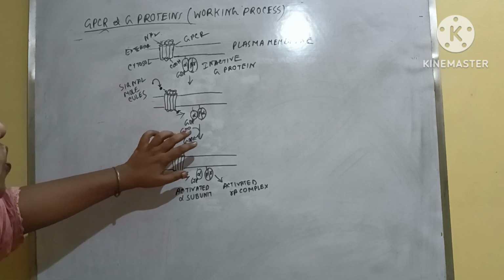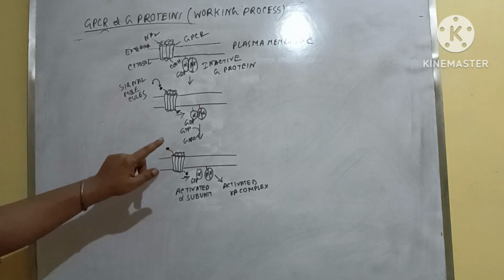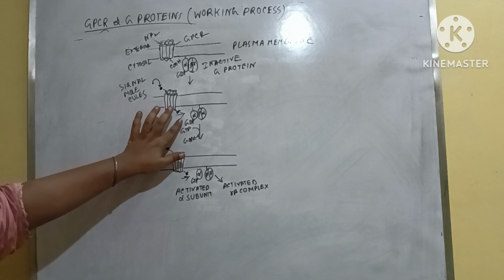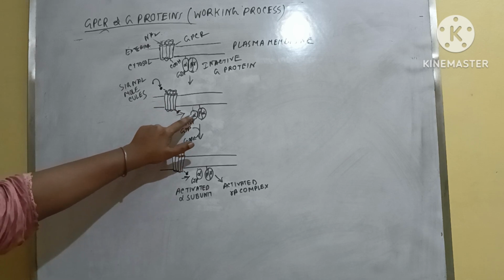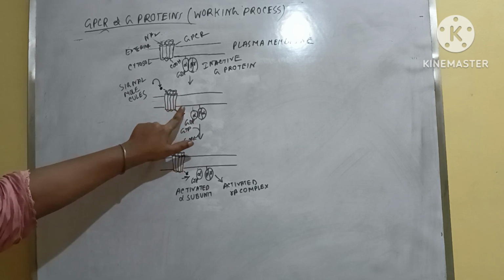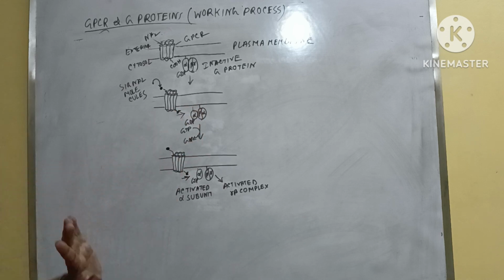The signal comes towards the G protein, and obviously in that situation GDP is already there, so GDP is bound to the alpha, that means the GDP alpha complex is there, so alpha is already bound to the beta gamma complex.